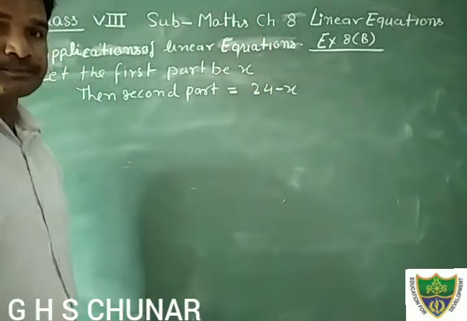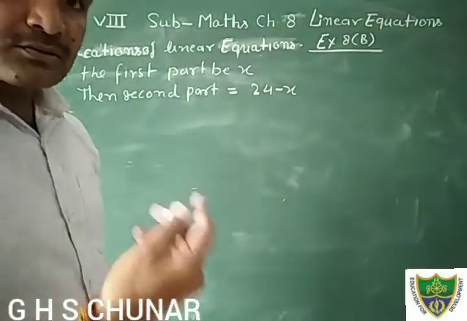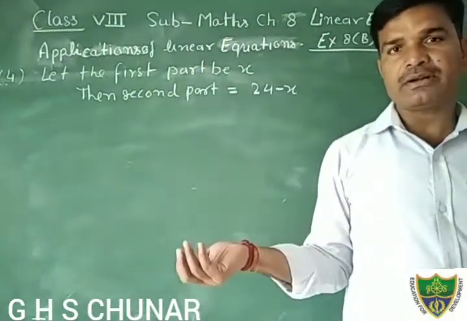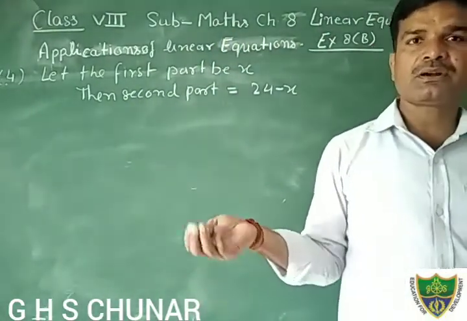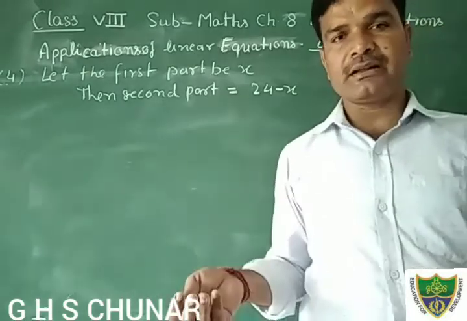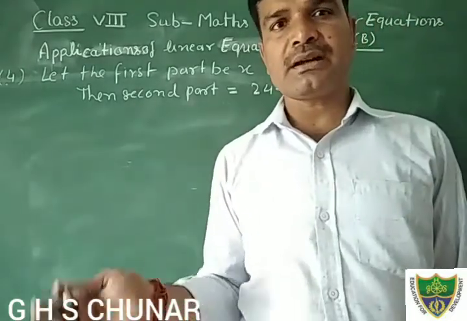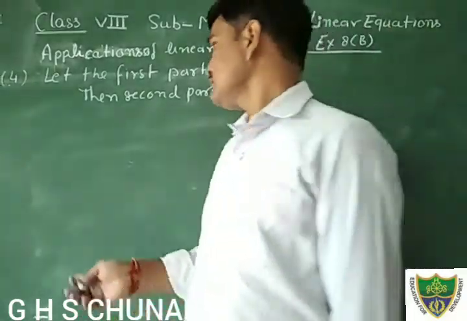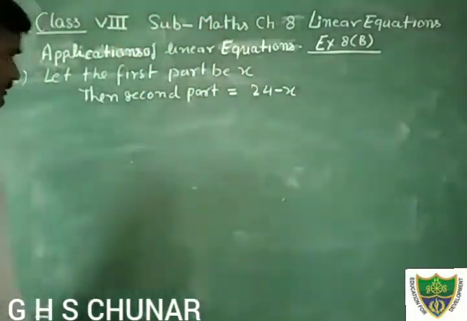If the total is 24 and the first is x, then the second will be 24 minus x. If the total is 10 and the first is 3, then the second will be 10 minus 3, that is 7. So that's why we take 24 minus x.